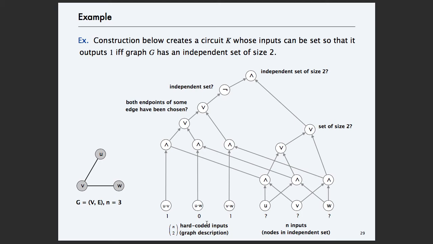So this horrible circuit would give me an independent set of size 2. Isn't this horrible? Yes.